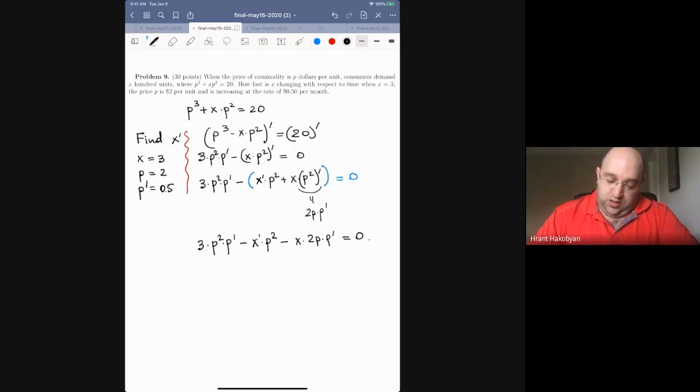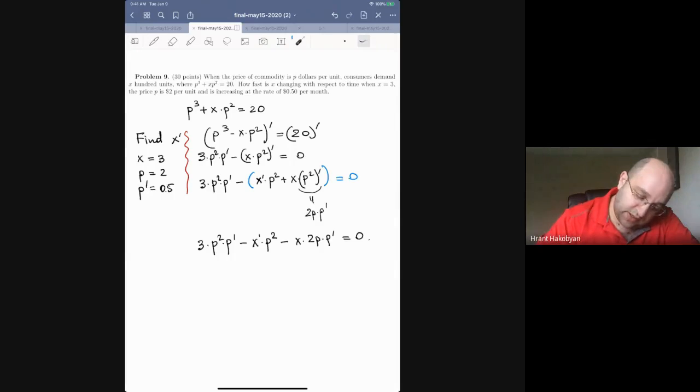X is a function of t, so when I'm taking the derivative, I'm taking the derivative with respect to time. Now all I have to do is plug all these numbers that are given to me, X equals 3, p equals 2, and p prime equals 0.5, into this equation. If I do that, that will immediately give me x prime.